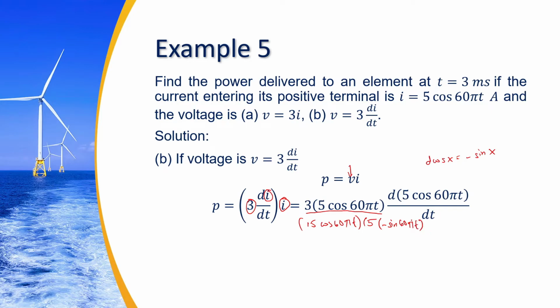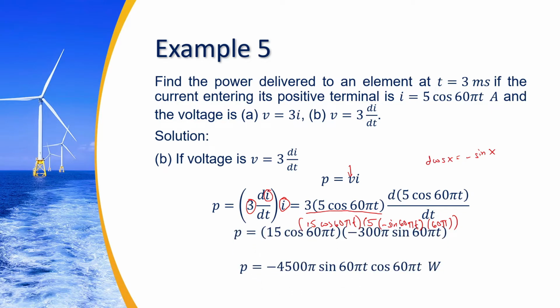Okay? Pero, kailangan pa rin natin yung derivative din nasa loob. So, derivative nito ay 60 pi. So, just multiplying all the given, makakakuha tayo na power na negative 4,500 pi sine 60 pi t cosine 60 pi t.